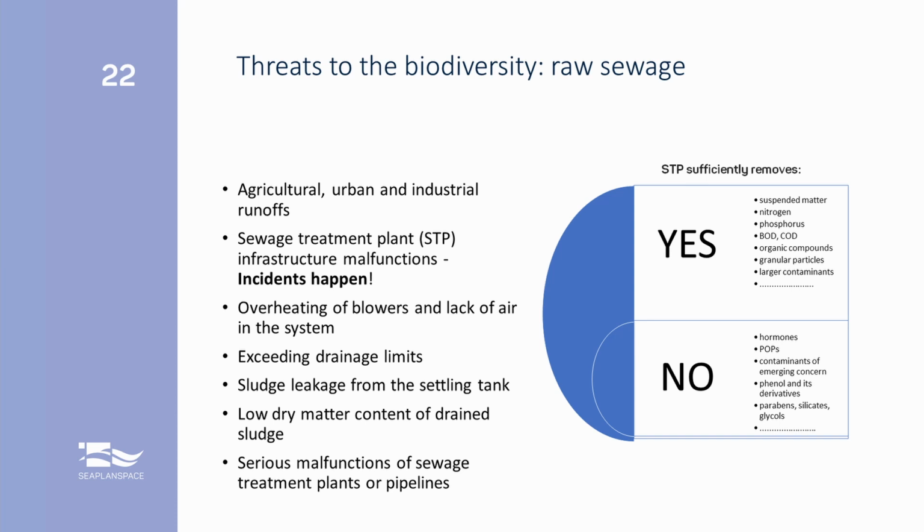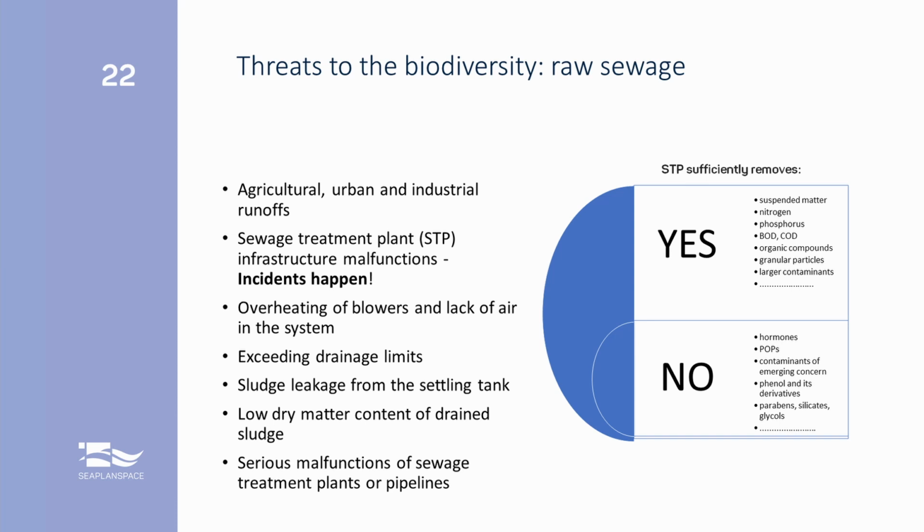The incidents can be connected to various systems, connected to the pipeline as such, but also to the purification plant as such. We can have overheating of blowers and lack of air in the system, exceeding drainage limits when we have, for example, enormous storms with a lot of water, sludge leakage from the settling tank, low dry matter content of drained sludge, and also other serious malfunctions of, for example, pipelines.